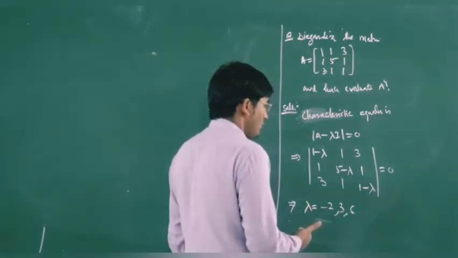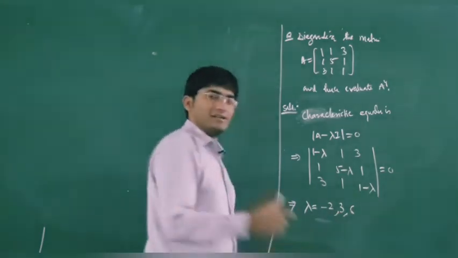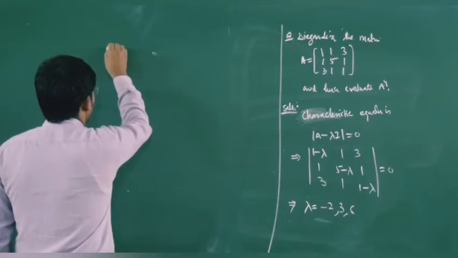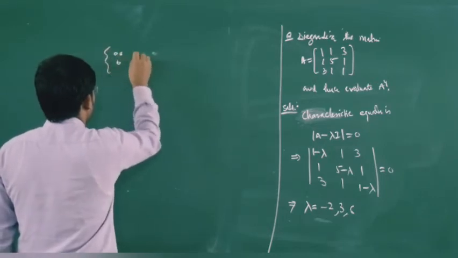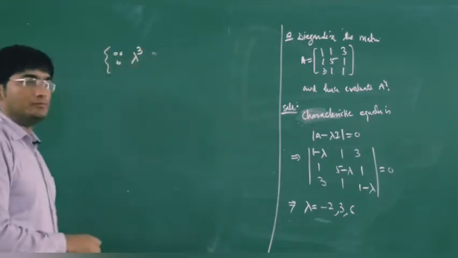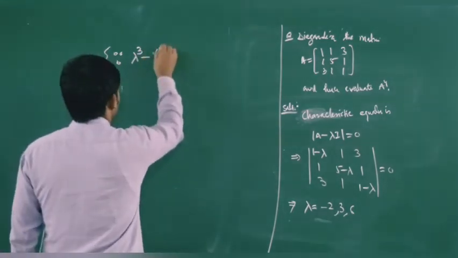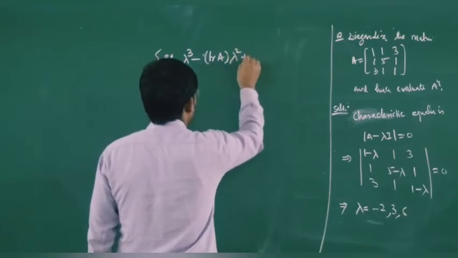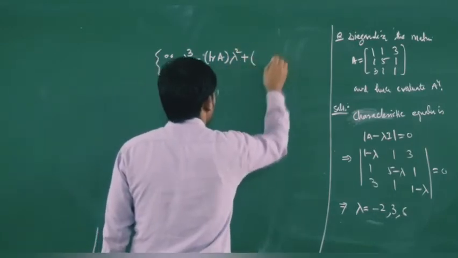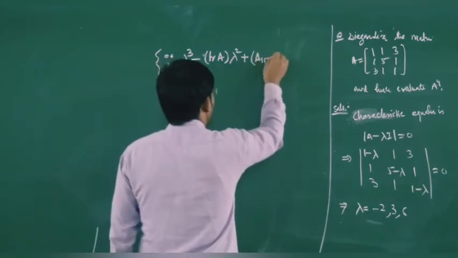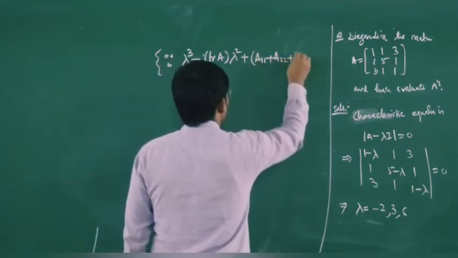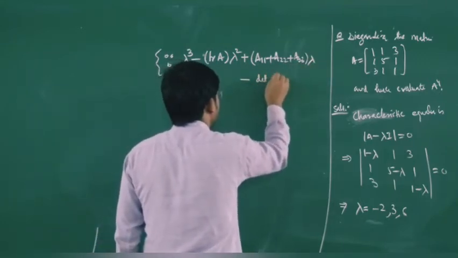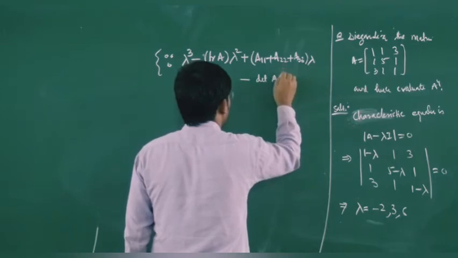You can also obtain these values directly with the help of a formula. This is your formula: lambda cube minus trace of A into lambda square, then plus the sum of the minors a11, a22, a33 into lambda, then minus the determinant of A, equal to 0.